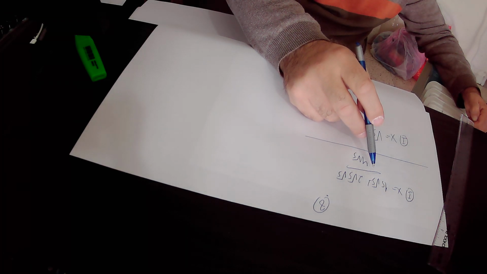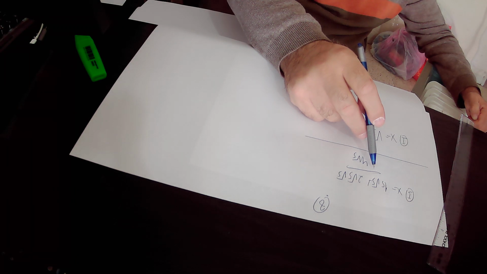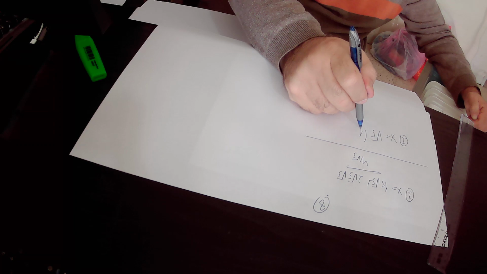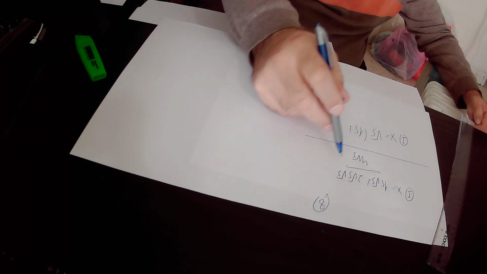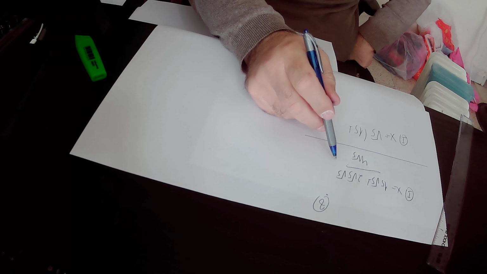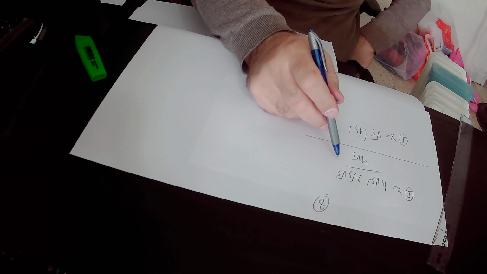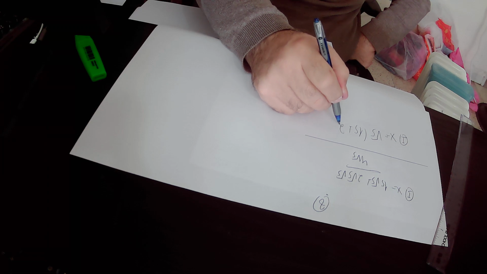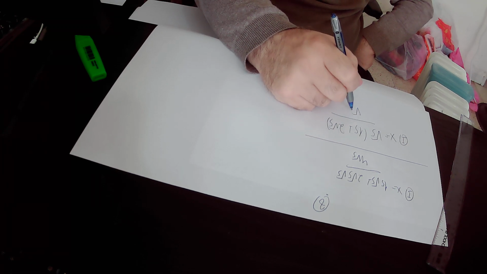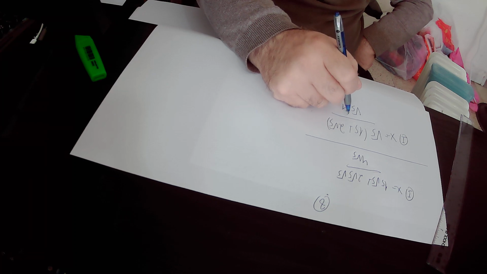What is left from 15 times square root of 5 after we took from it square root of 5 as a common factor? What is left is 15. And what is left from 2 times square root of 5 times square root of 5 after we took from it square root of 5? What is left is 2 times square root of 5, all divided by square root of 5 times 4.